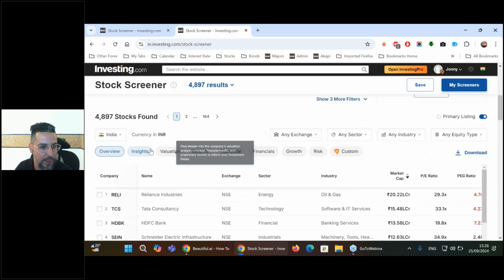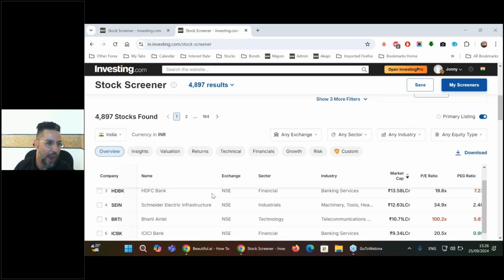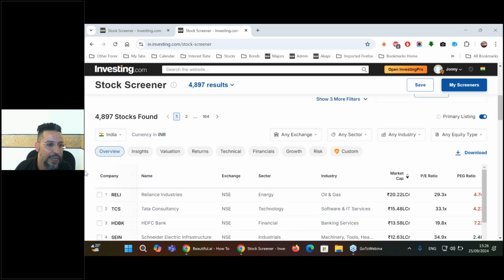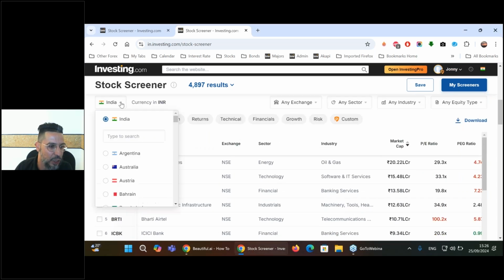So yes, my friend, in any case, we do have here the Investing.com stock screener for Indian companies.